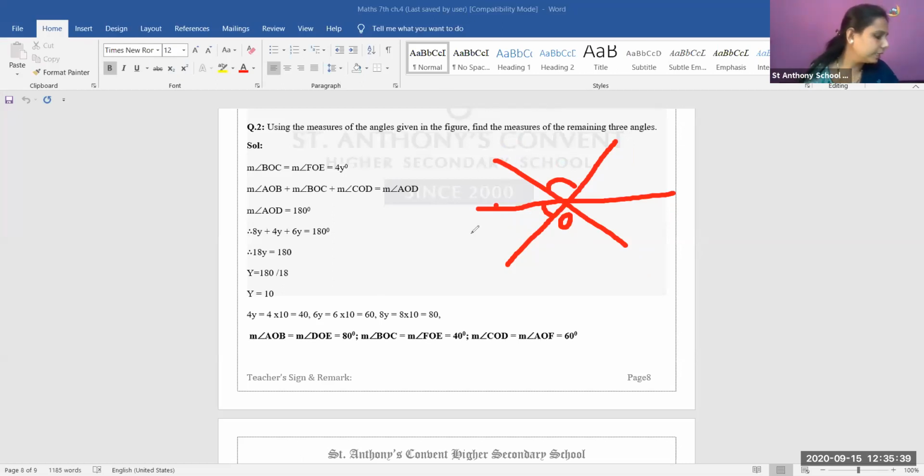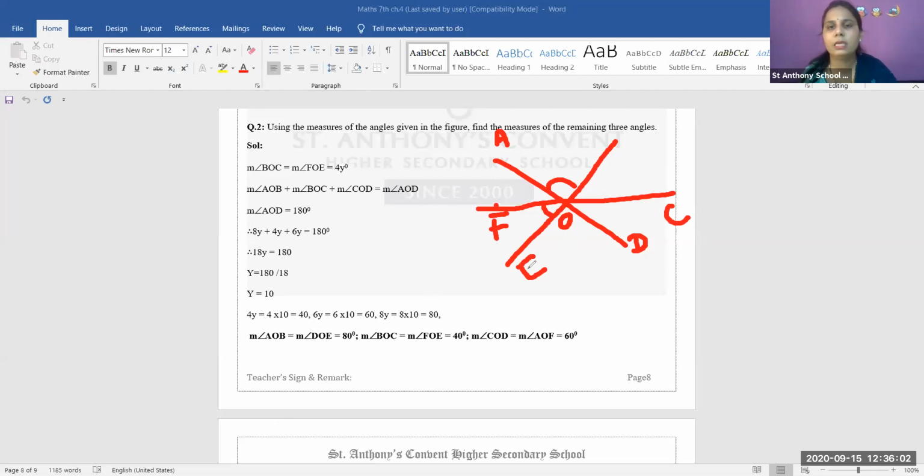Okay. The diagram is like this: line AD, and this is line FC, and this is line EB.